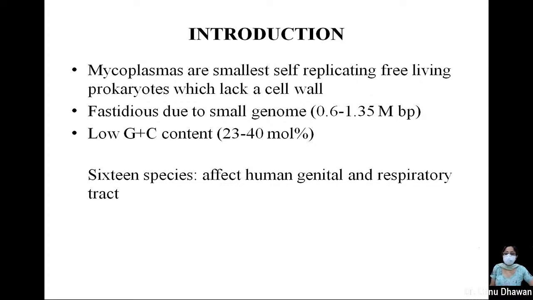In fact, initially because of their small size, their small genome, and since they were filterable, they were thought to be viruses. But then they were placed amongst bacteria because, like bacteria, they contain both DNA and RNA. They are also susceptible to antibiotics, unlike viruses.